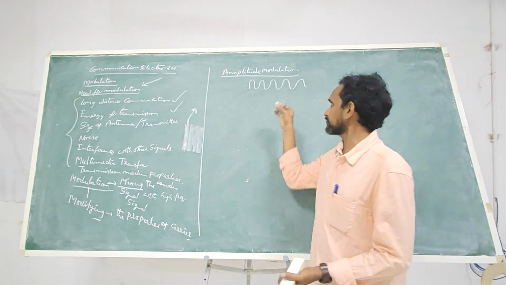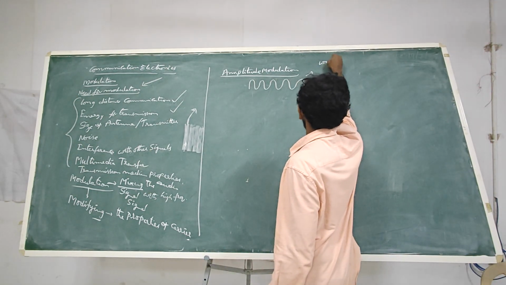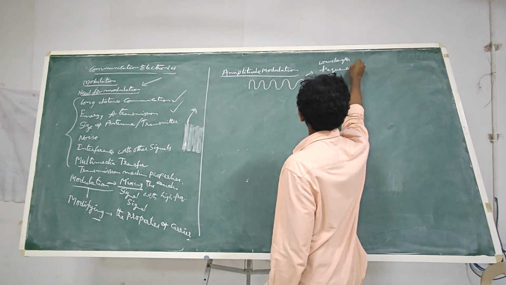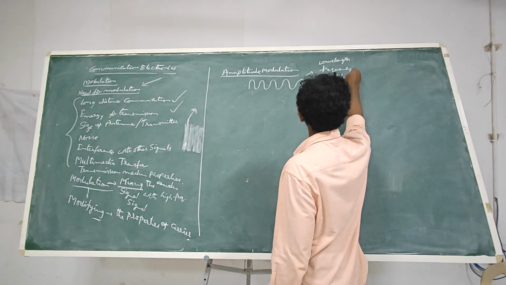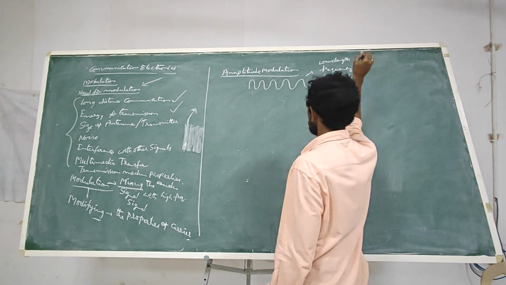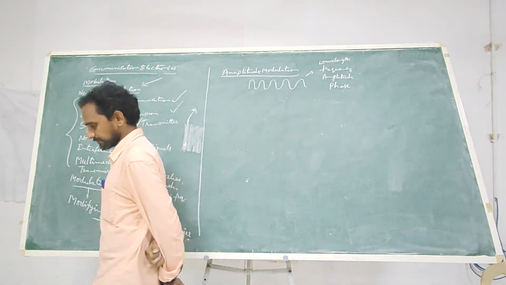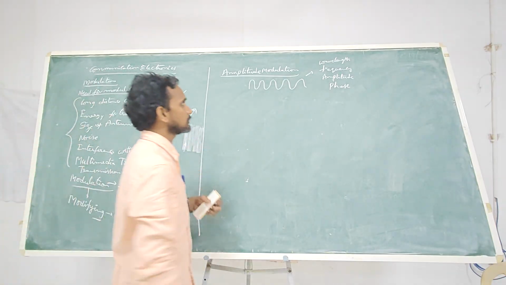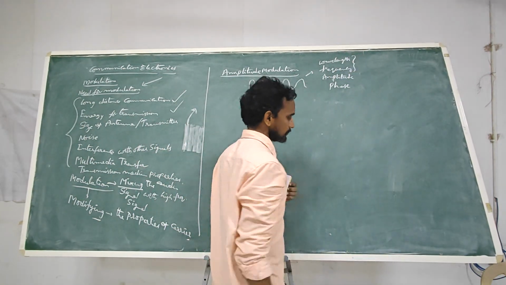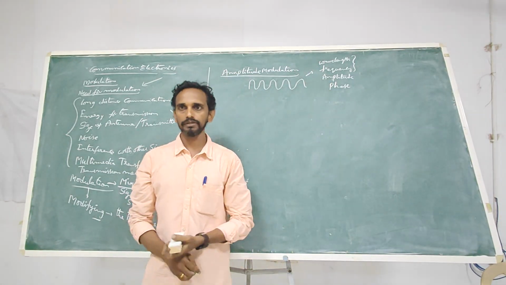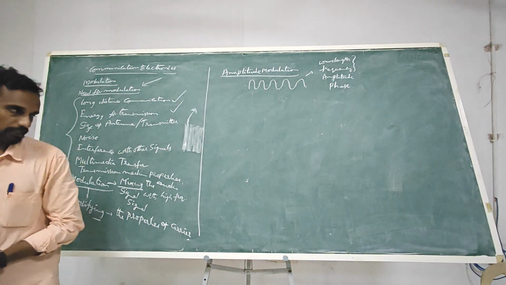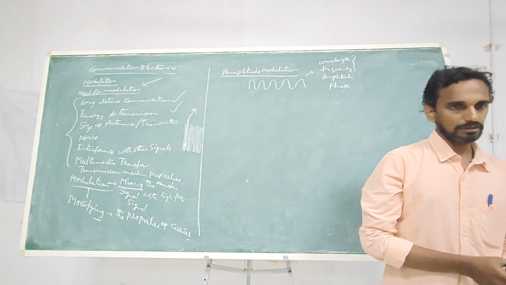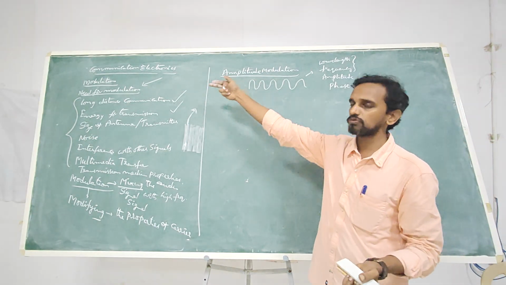The properties of a wave include wavelength, frequency, amplitude, phase. These are the basic properties that describe a wave. These two are connected, one in the space domain, another in the time domain. So you can tune any of these three, frequency, amplitude and phase, to alter the properties or to achieve modulation.